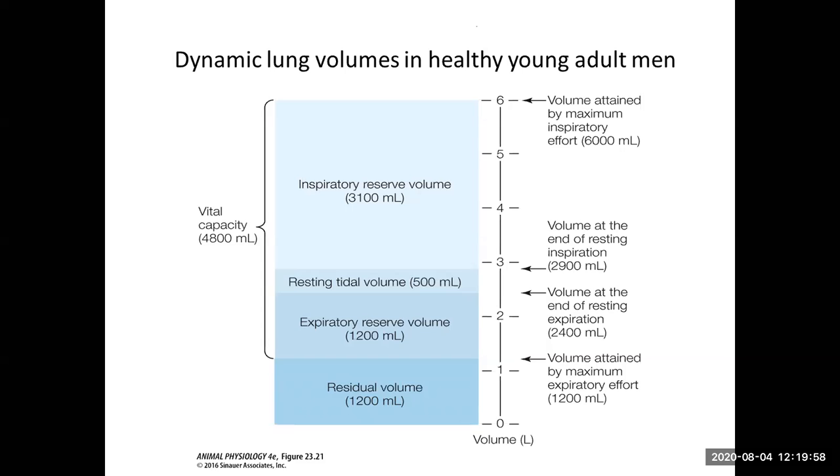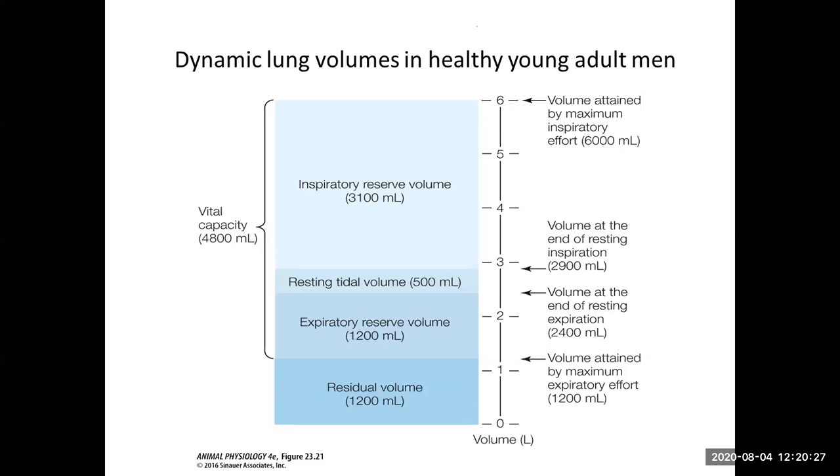So let's take an example here: 1,200 milliliters can be exhaled by maximum expiratory effort, but the other 1,200 milliliters, termed the residual volume, cannot be exhaled at all. The maximum volume of air that can be inhaled beyond the resting inspiratory level is the resting inspiratory reserve volume.